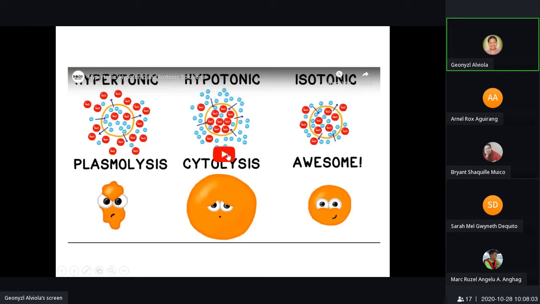So, basically, solute and solvent, maa-attract si water solute nandun sa loob. So, mas maraming tubig ang magpasok. So, tendency, nakita diagram, tumaba si cell. And kung equal naman ang amount of solute sa loob, para makuan, i-play na natin ang video.